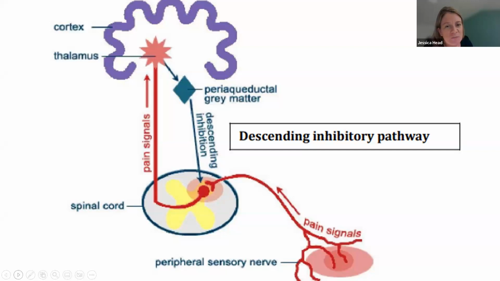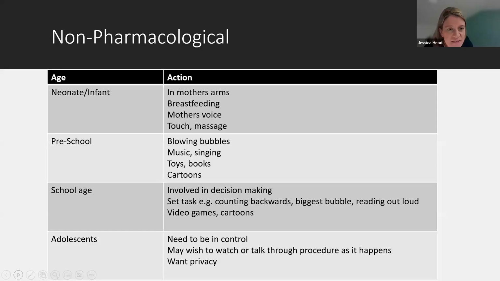So we talked briefly about those descending inhibition pain pathways that develop during infancy and childhood. The non-pharmacological methods work by increasing those descending inhibitory pathways so that the pain stimulus is reduced. So there's definite scientific evidence and a plausible scientific mechanism of action of all of these non-pharmacological methods that can be used for children of different ages.